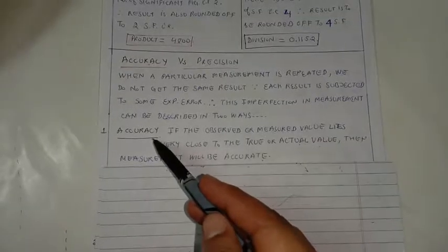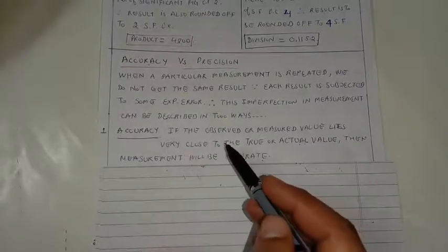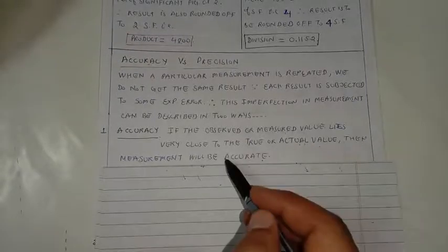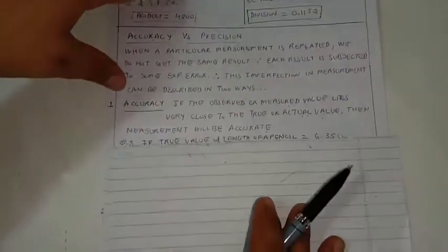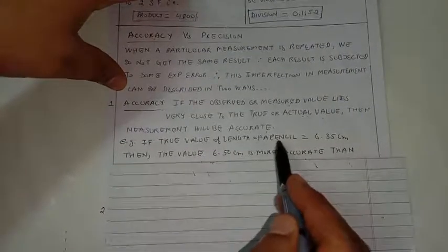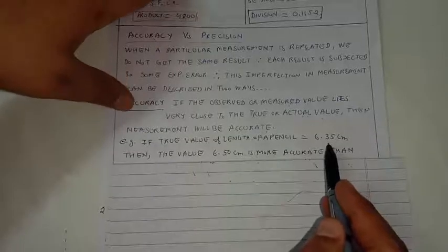So when we are trying to find out the accuracy, if our observed or measured value is very close to the actual value, then it will be said to be an accurate value. For example, suppose the true length of a pencil is 6.35 centimeter.